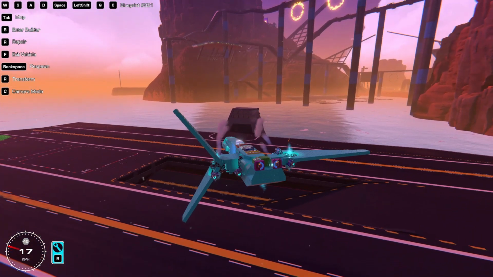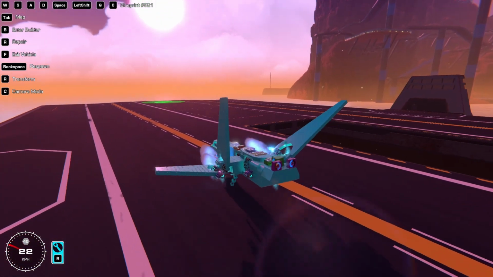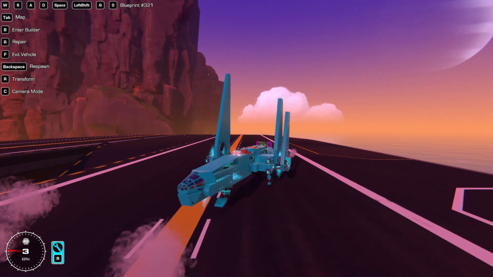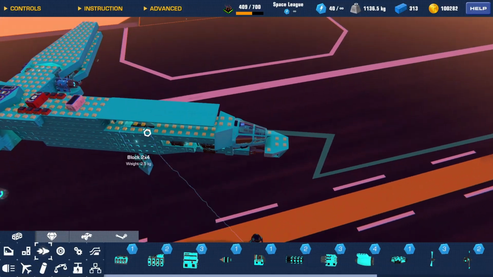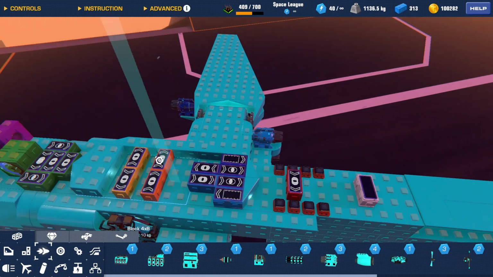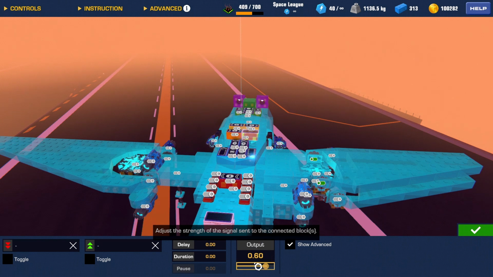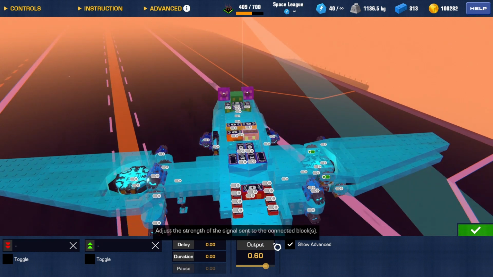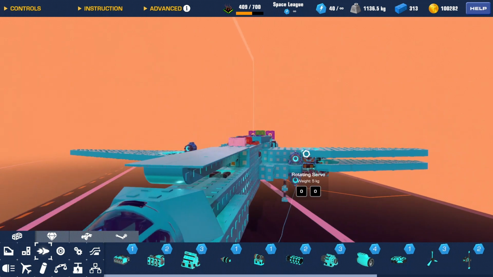Half the reason why I built this ship to begin with is for the very interesting wing design and asymmetrical shape. So again, in order to achieve these angles, I have a percentage scale output. So this is 60%, not 100%. 1 is 100%. And this is minus 60% in order for the wings to have a sort of an angle to them. And there we go.